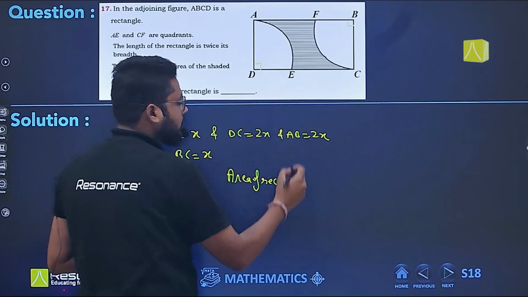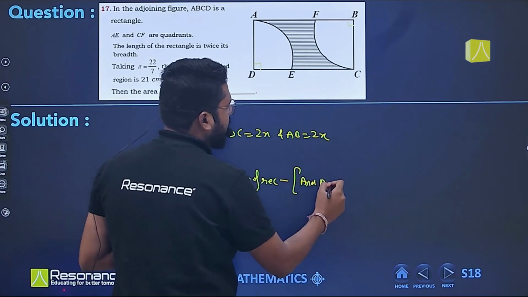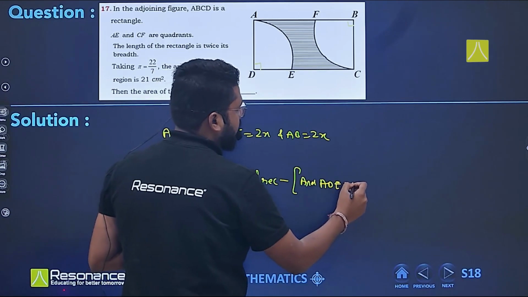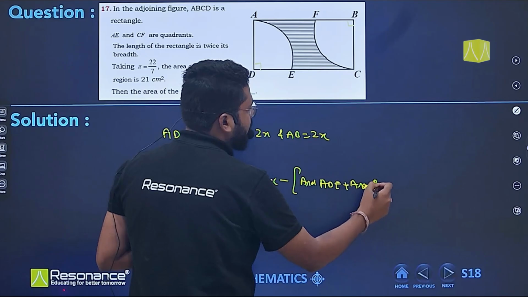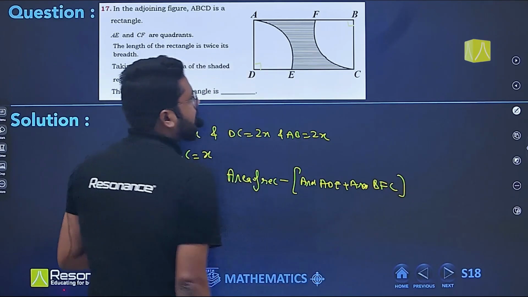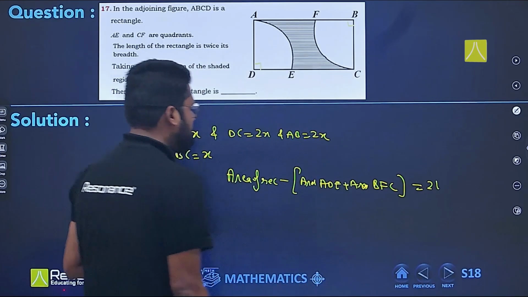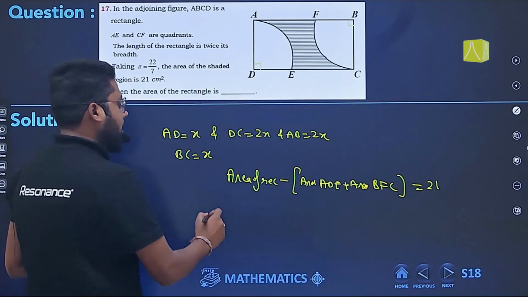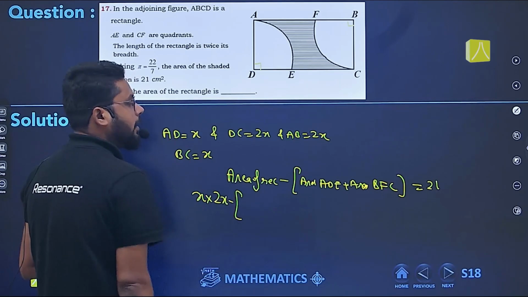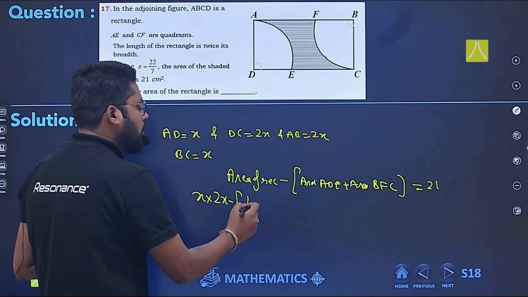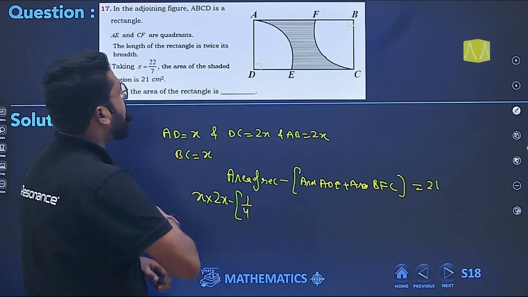First is the area of ADE plus the area of BFC, and that equals 21 centimeter square. So the area of the rectangle will be x into 2x minus the area of a quadrant, which is 1 by 4 pi r square.